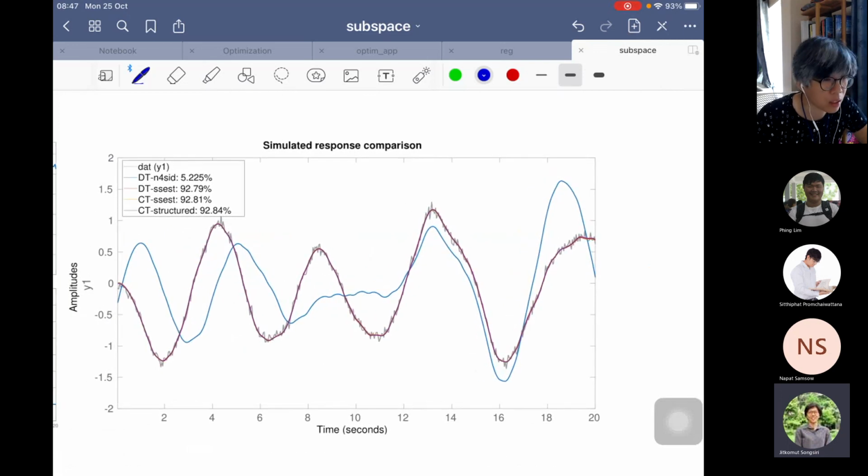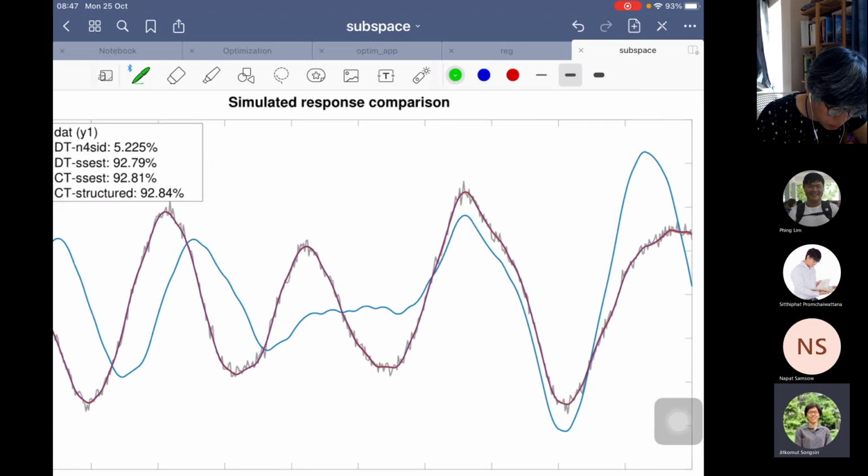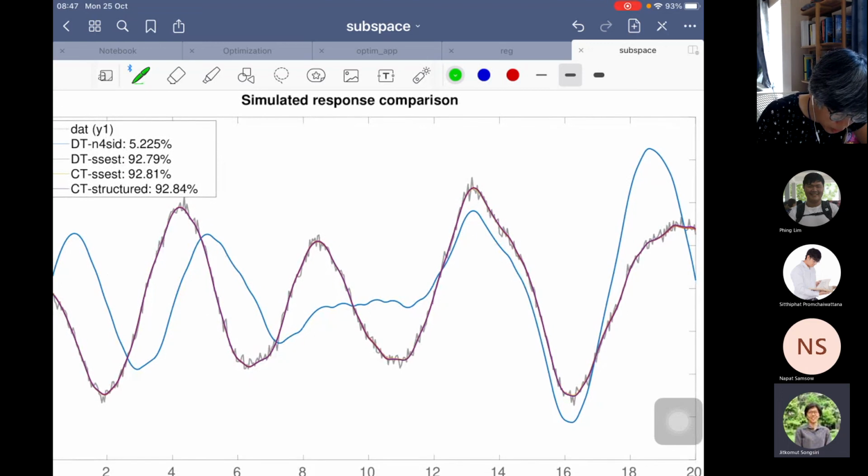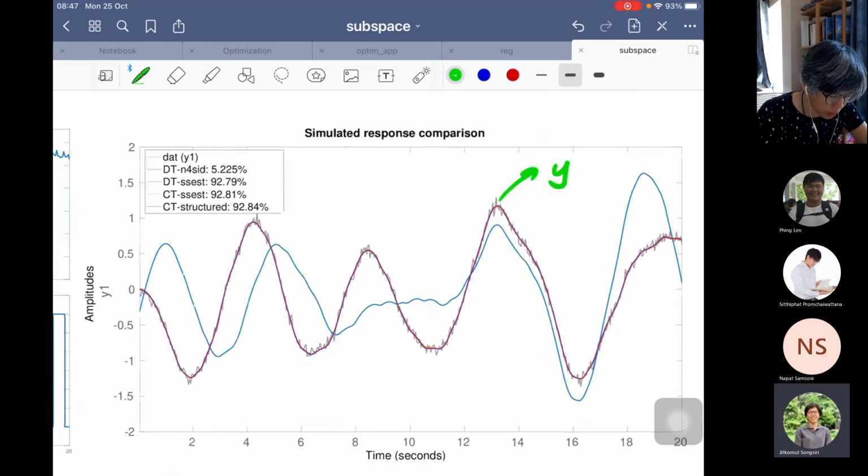This is the result after the fitting, where I compare the fit percent. The gray one, which is not very clear to see, is the measurement Y, and the rest is the estimation.